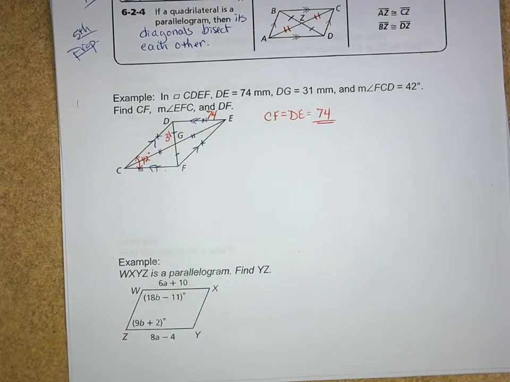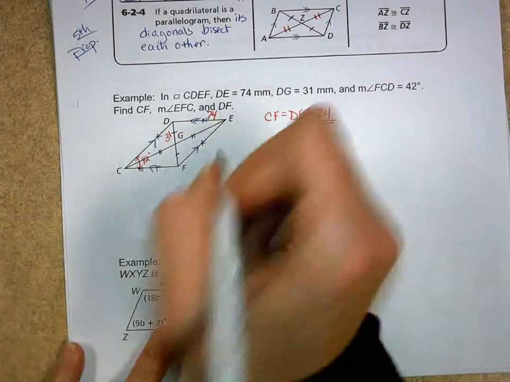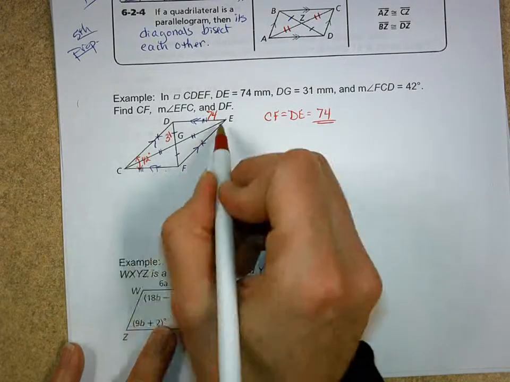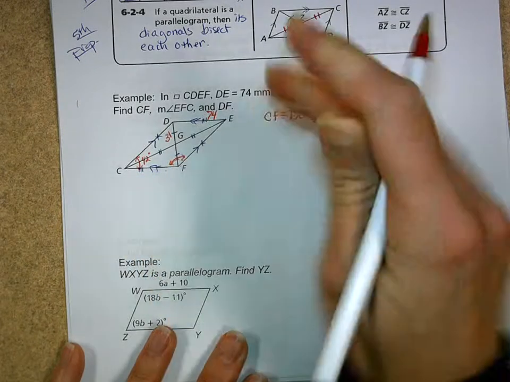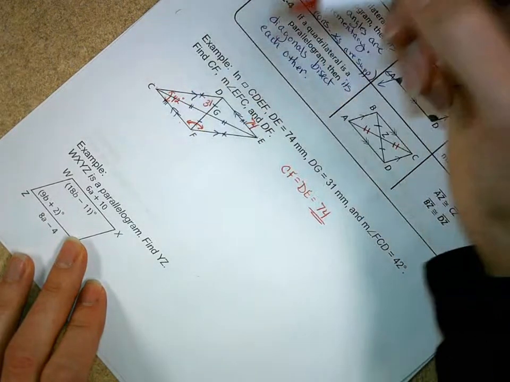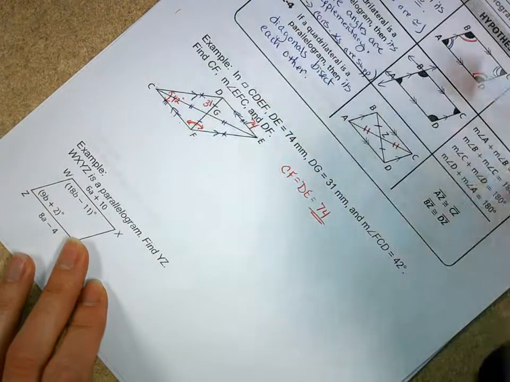Then they ask, what's the measure of angle EFC? I'm looking for this angle. Well, look at the two sides here. Our angle EFC and angle FCD are consecutive angles.